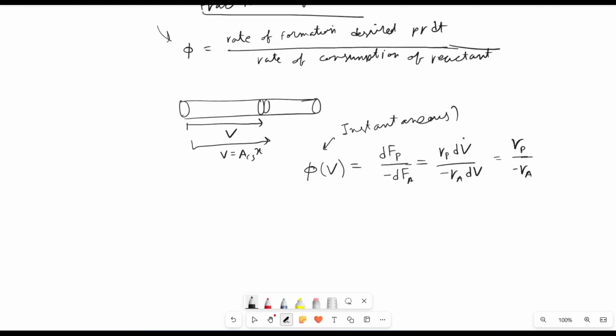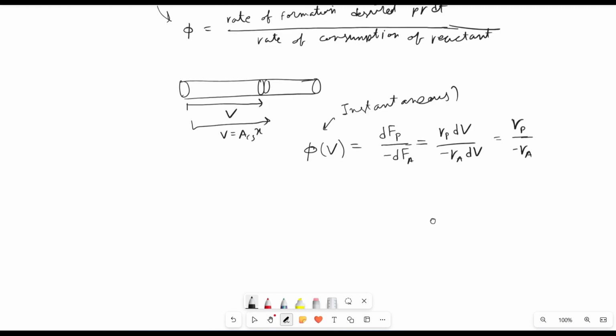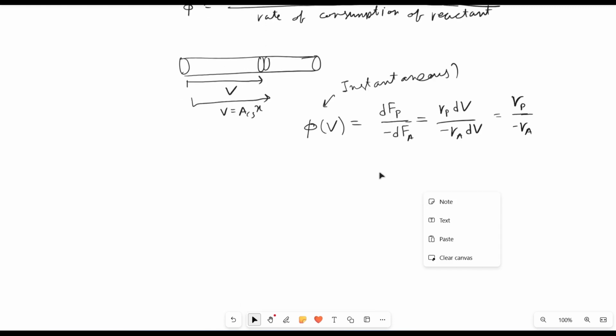And for the mixed flow reactor, this yield is defined at the exit. It will be equal to, suppose Cp exit, the desired product concentration at exit, divided by the change in reactant concentration.